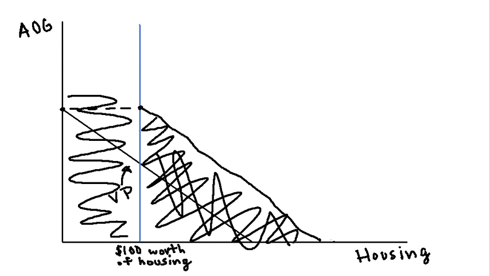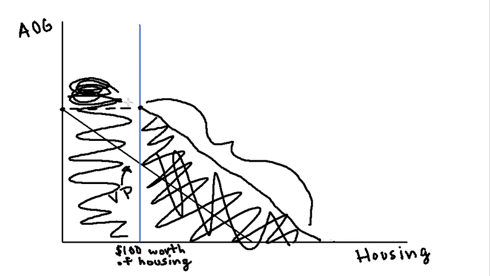If instead of the $100 in housing, we had simply received $100 in cash, there would be more attainable points. We could still choose to purchase $100 or more in housing. However, we would also be able to purchase some of this area with more of all other goods than we could get before, but also less than $100 on housing.